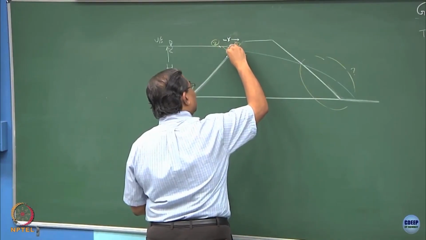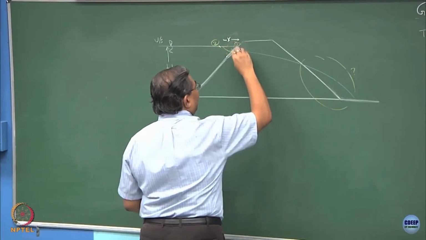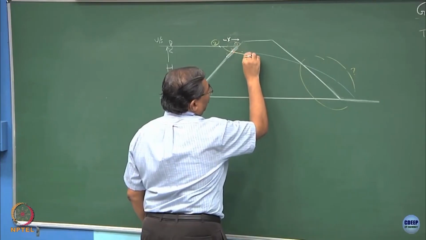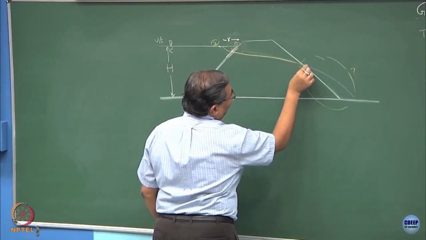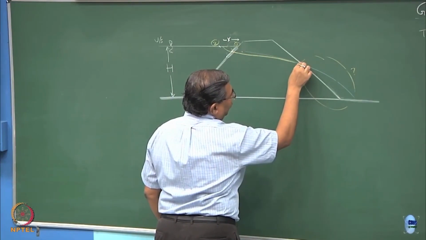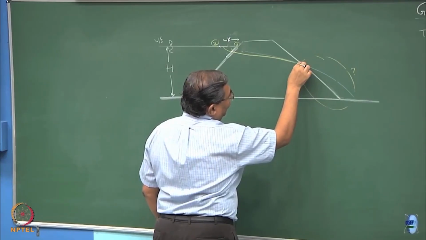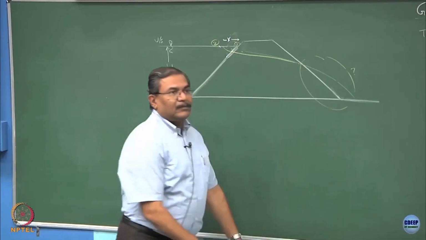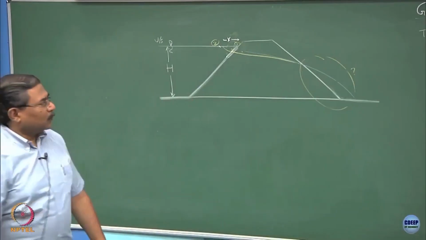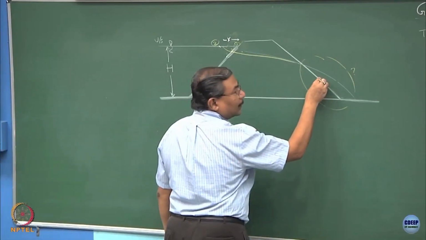okay. Now, this is near perpendicular, then what will happen? This will go further down. At this point, where is the outcrop point now? Outcrop point should have been somewhere here.